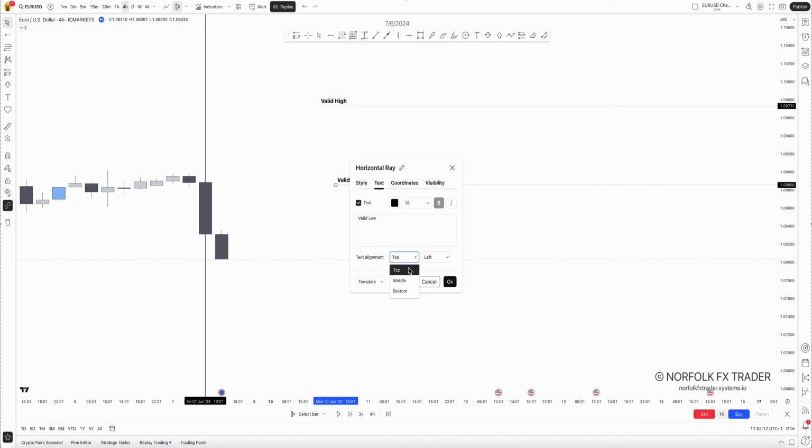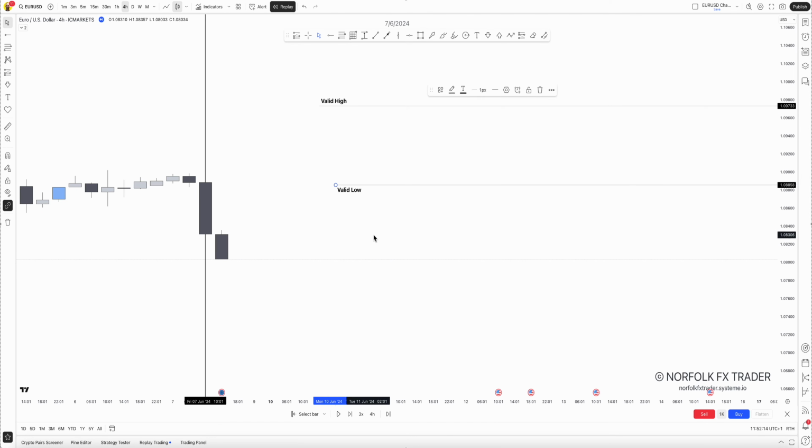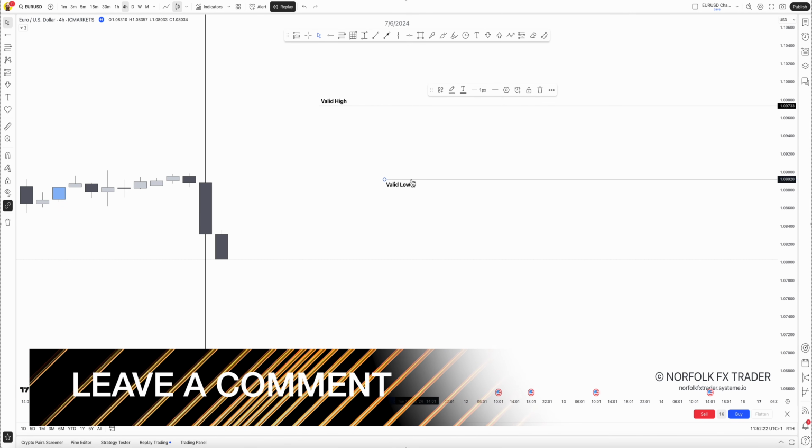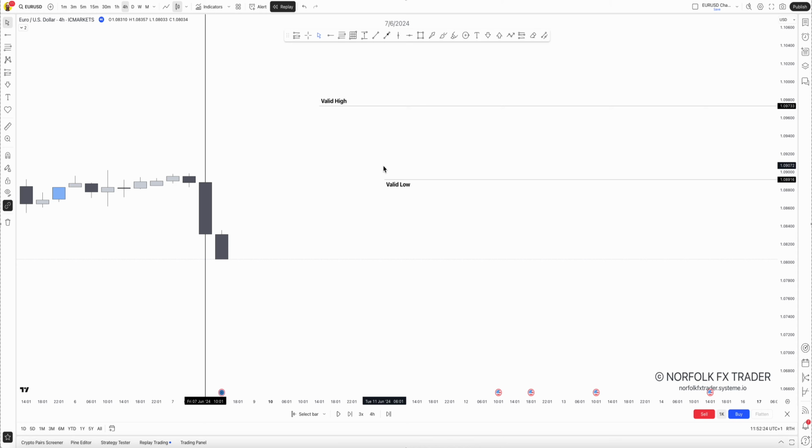And you can do this as well as we go along. And again, if you are finding that this is going to improve your structures, do let me know in the comments, because I'd like to know that this is actually going to help you going forward, understanding this new smart money structure. And we just need to break the structure, which we'll mark off as we go through. Forget about price in the back.